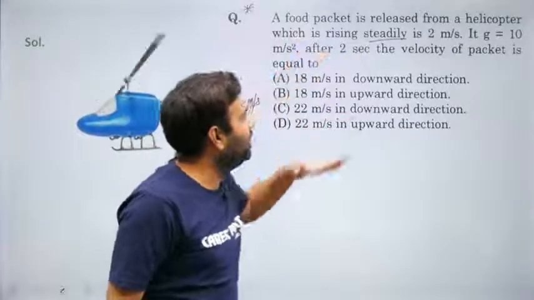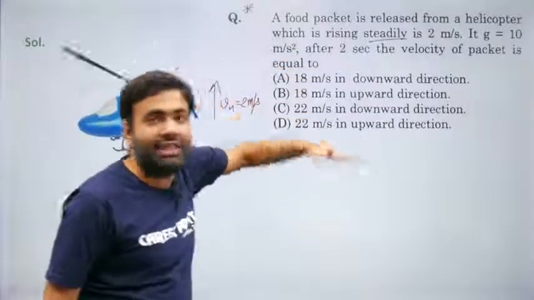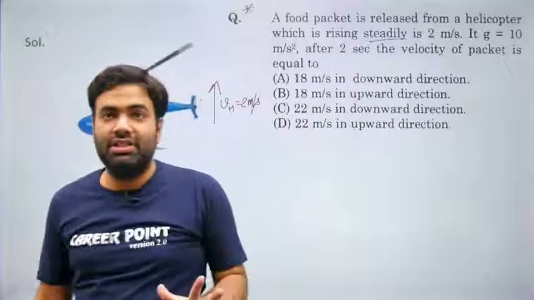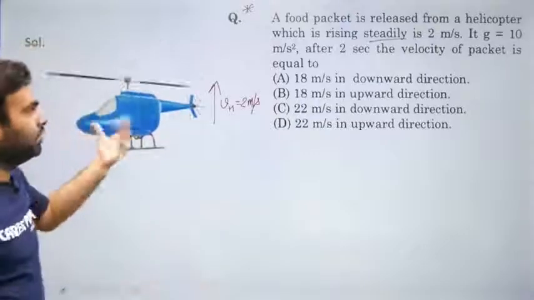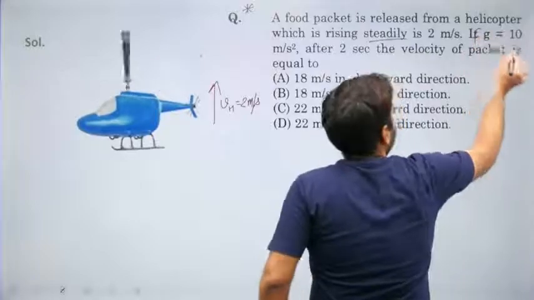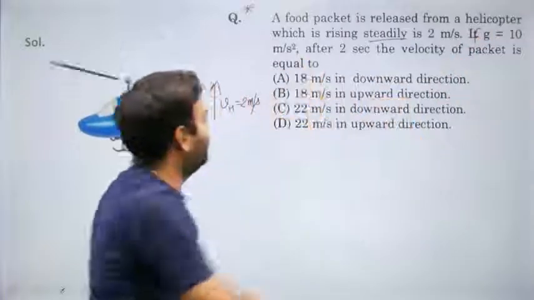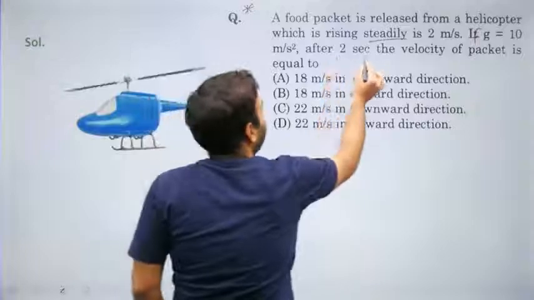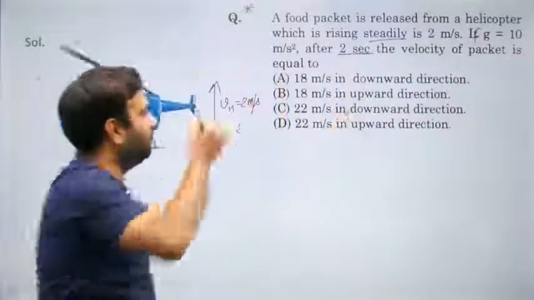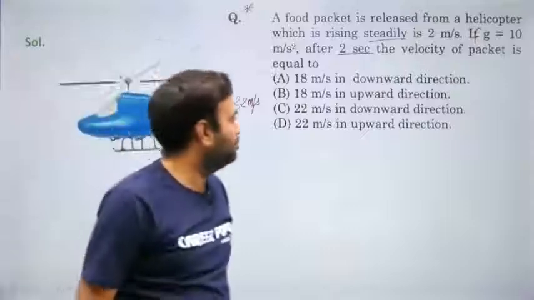The helicopter is going upward because it is rising steadily. Steadily means with constant speed of 2 meters per second. If g is equal to 10 meters per second square, after 2 seconds, the velocity of the packet is equal to which of the following? This is the question.